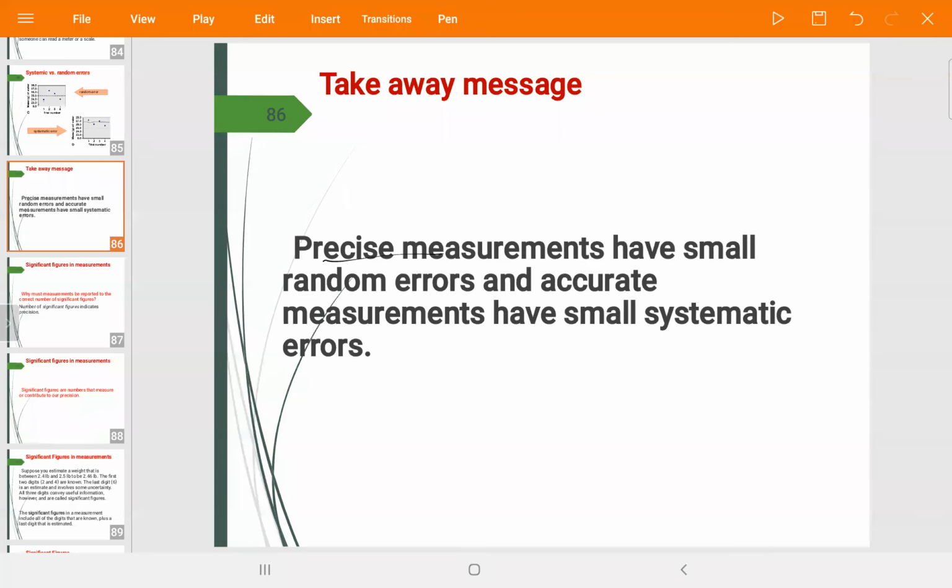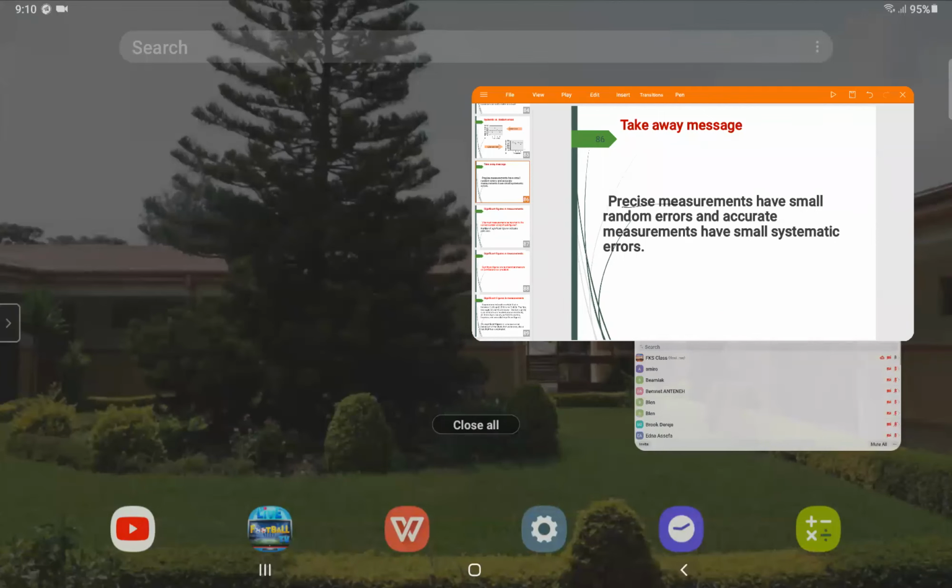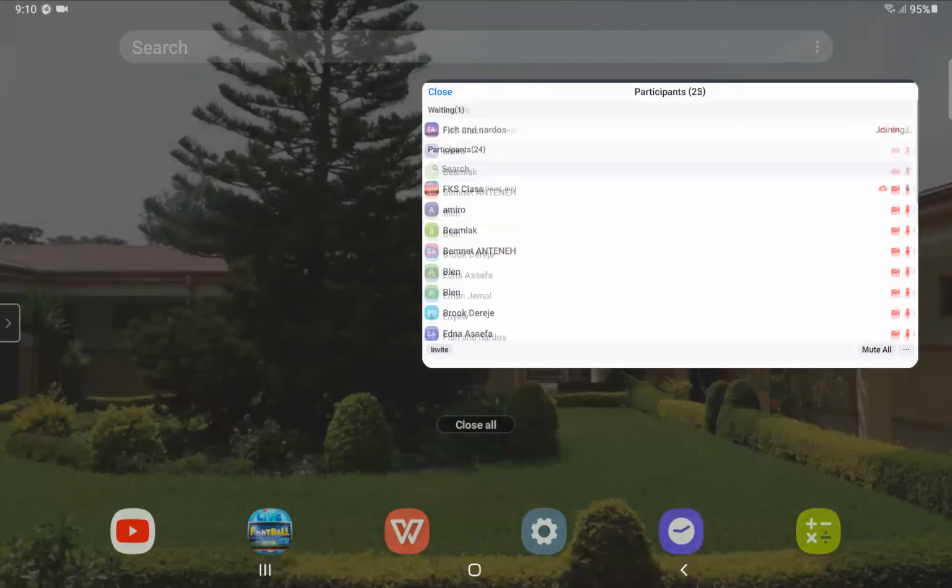Now, do you have any question? All right, so I will give you an exercise to work on these concepts and see how you do. Any question?